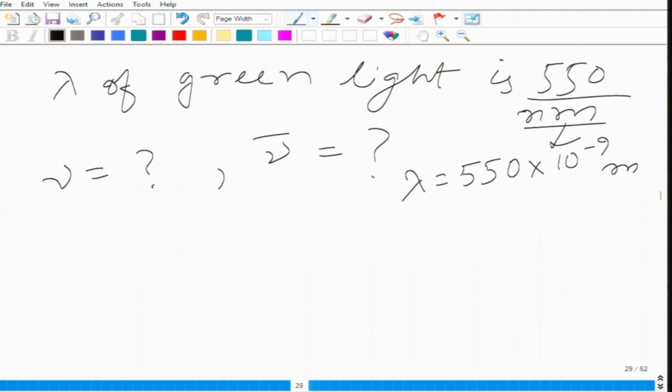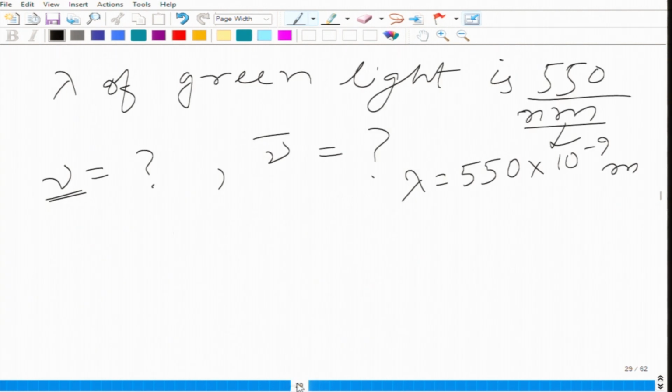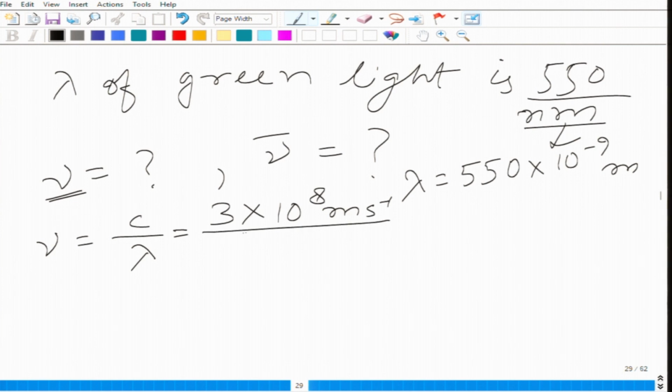We have to find frequency nu. So nu is equal to c by lambda, 3 into 10 to the power 8 meter per second by 550 into 10 to the power minus 9 meter.